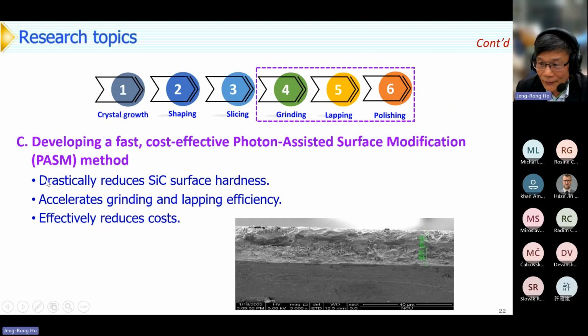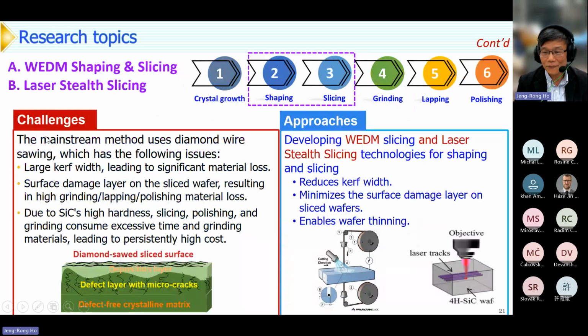For the first two topics, the mainstream method for shaping and slicing silicon wafer is the so-called diamond wire sawing, which has the following issues. It usually has a large kerf width, around 120 microns, so in terms of material cost, it wastes a lot of material.